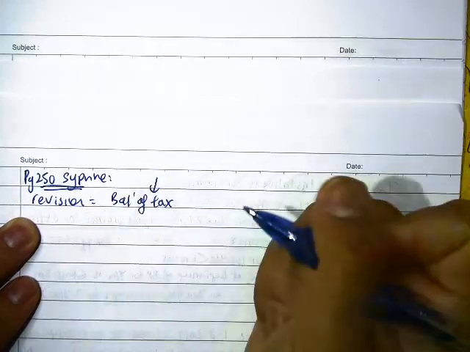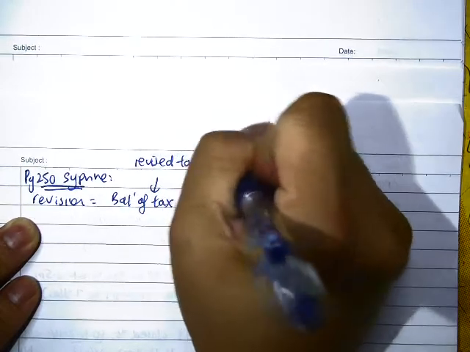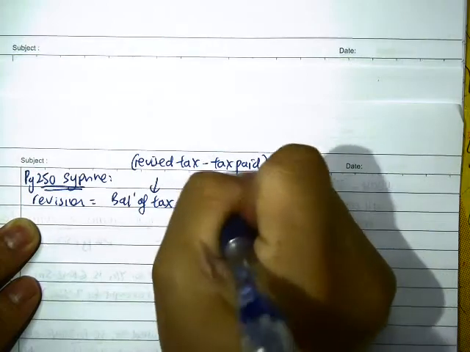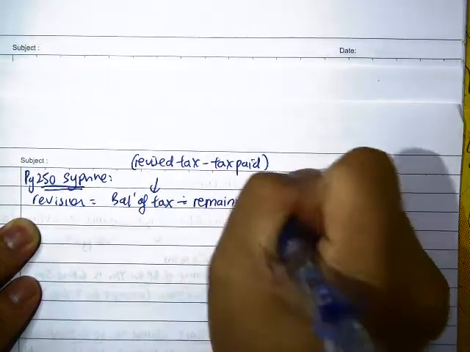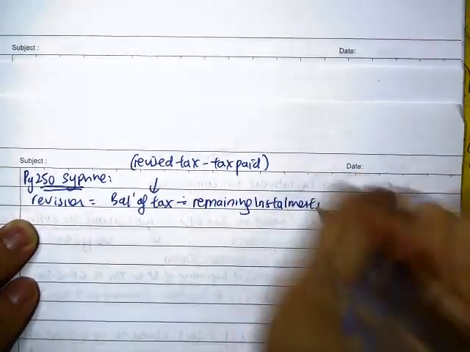Now, company is very different from the one we see for individual. Company, every time you do a revision, you just take the balance of the tax, which means the revised tax minus whatever tax paid, divide by the remaining installment.